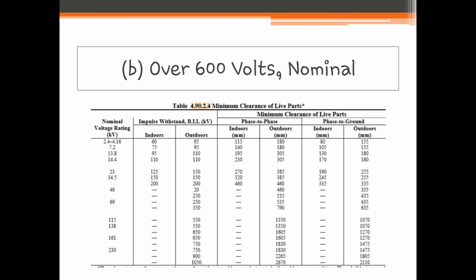Next, over 600 volts nominal. So conductors of over 600 volts nominal shall comply with the spacing provided in Section 4.90.2.4.